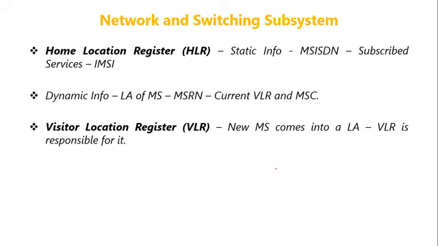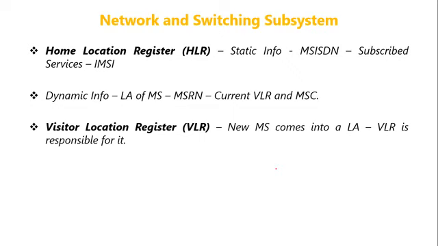Whenever the user moves to some other location, his HLR data will be transferred to the VLR in the MSC of that particular locality. Some VLRs can even manage up to 1 million customers. So the database is that huge.